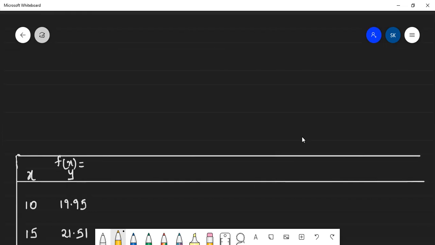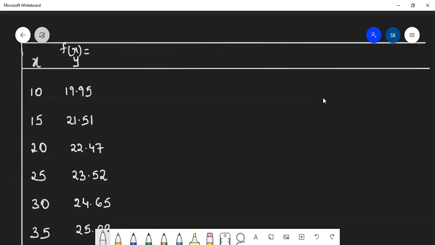Forward difference of y naught, right? Here previously in the general table you had values like this. If you remember, you had the first values as x naught, x1, x2, x3, x4, x5, right?